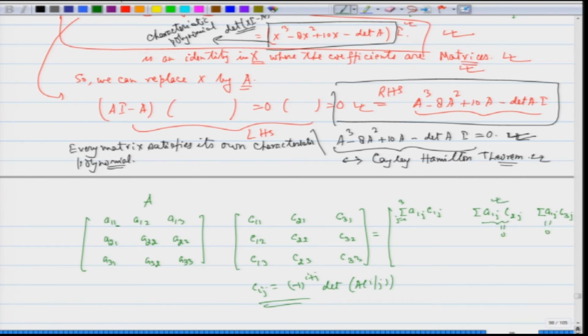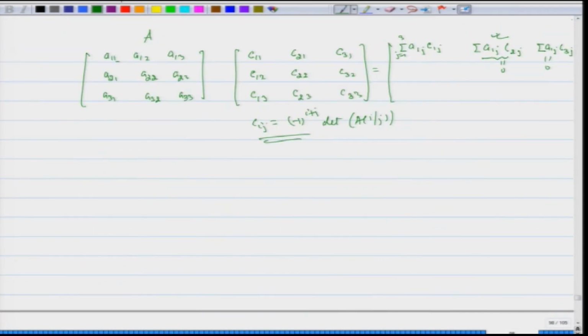Let us look at what exactly we are doing. When I am looking at A11 C21 plus A12 C22 plus A13 C23, I have the entries A11, A12 and A13.